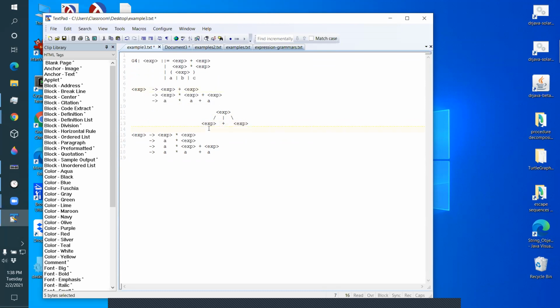He expanded to just the letter A. There's the plus. Now this one expanded into, oh, I'm sorry, I did that wrong. This one expanded to that. So this one expanded to 3 things: the left branch, a center branch, and a right branch.